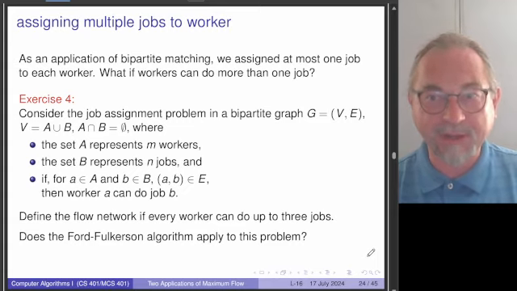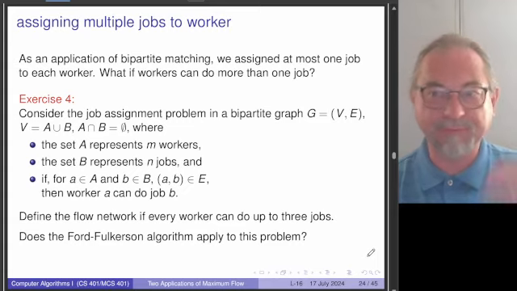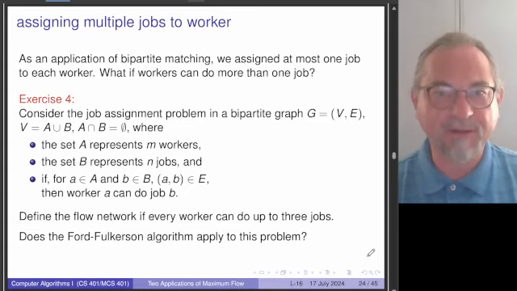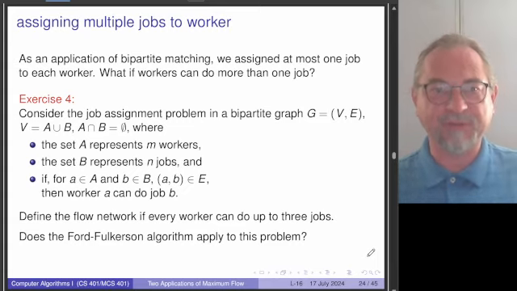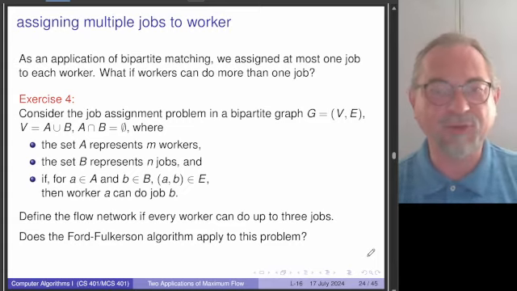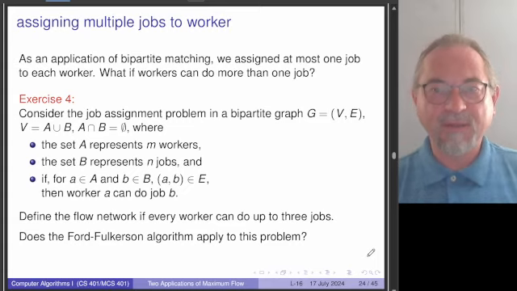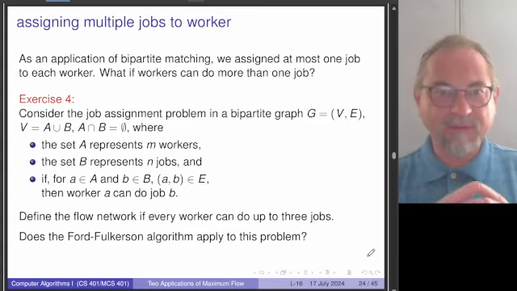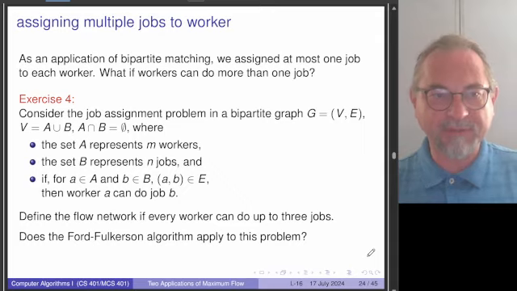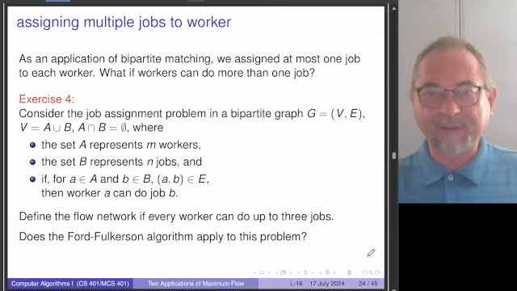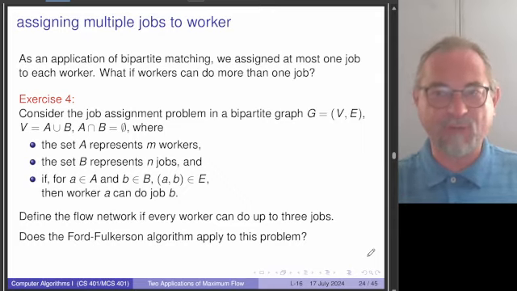Essentially, you might be able to run the bipartite matching problem multiple times, scheduling the jobs in rounds, if you like. But you can also do this by modifying the problem. You have two sets now: M workers and N jobs. Typically, you have more jobs than you have workers.